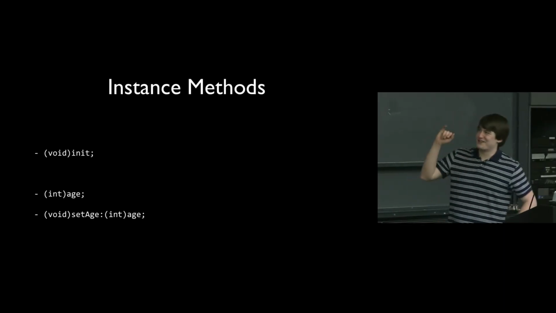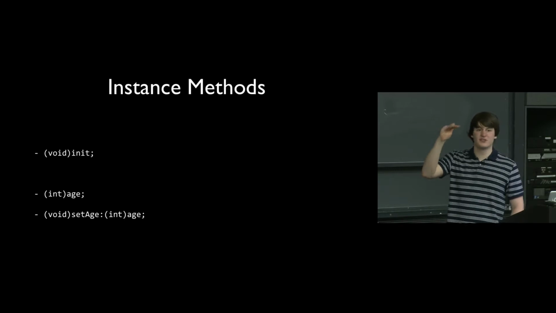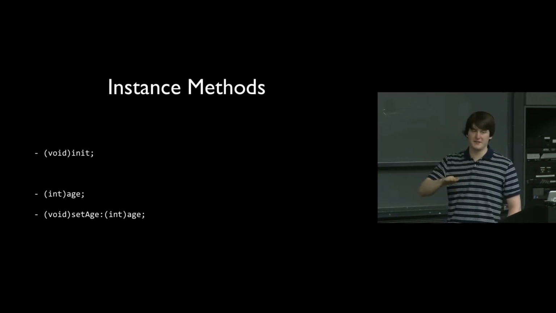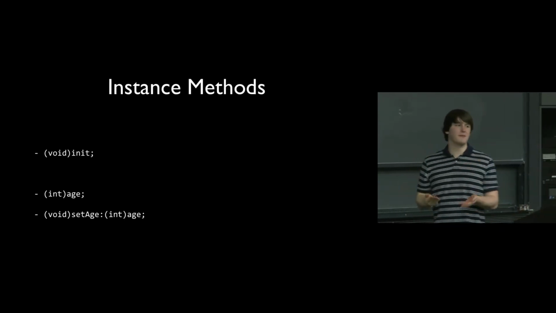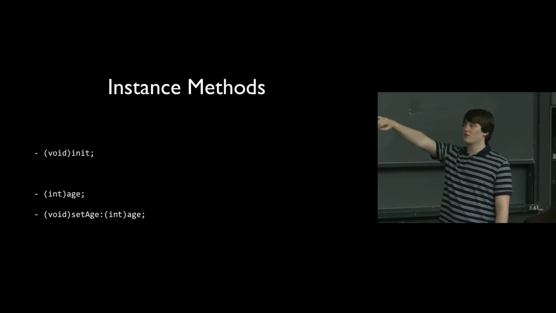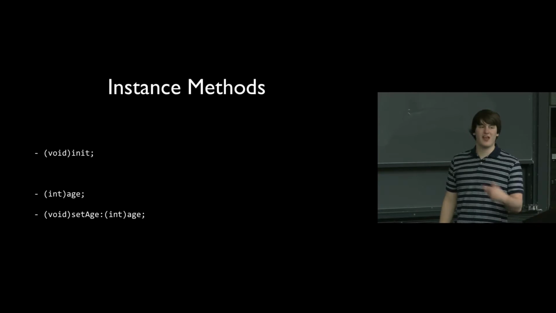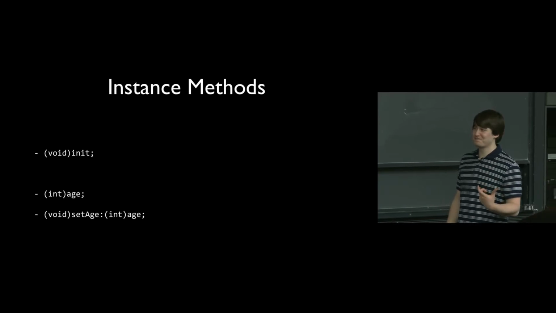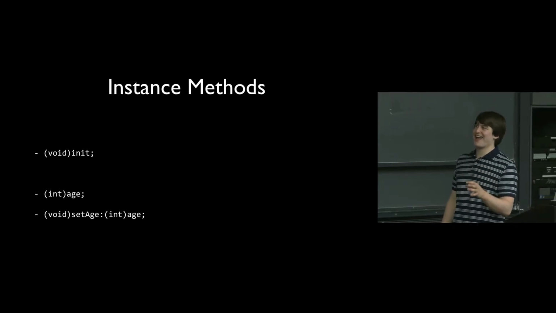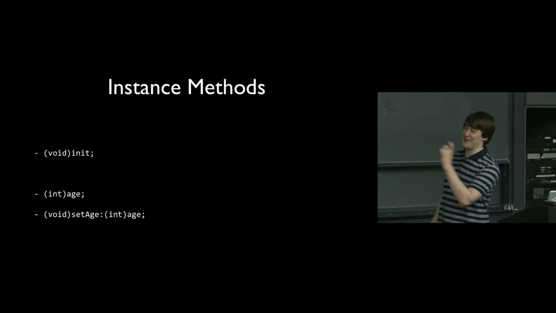So the syntax for these things, we see all the way on the left is going to go plus or minus, always. And then we're going to have the return type of the method. So here we have void, int, void. Then after the return type, we have the name of the method. And so we have the name init and we have the name age.